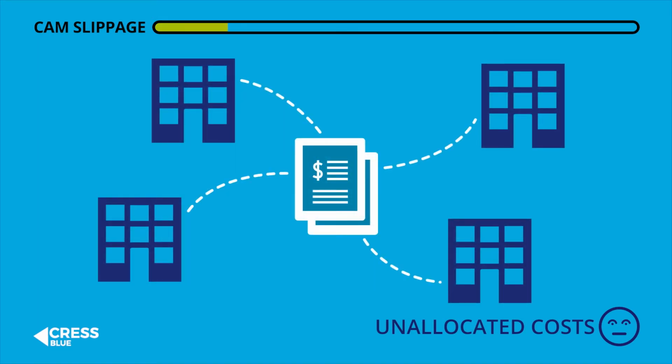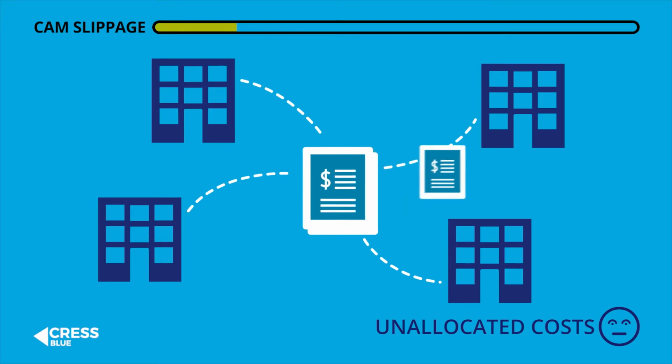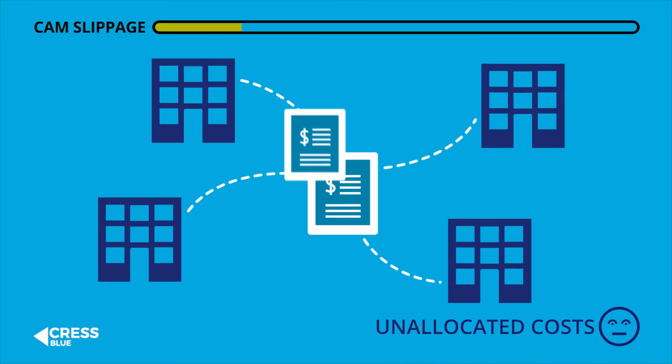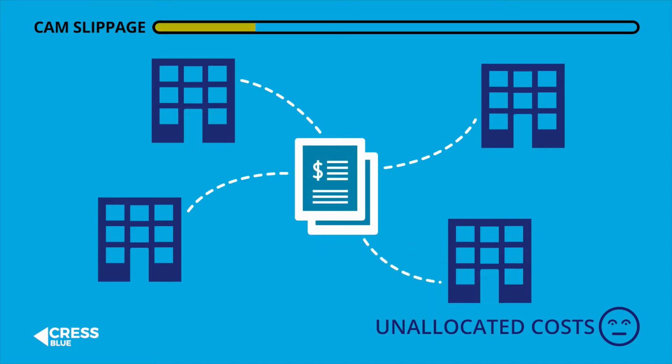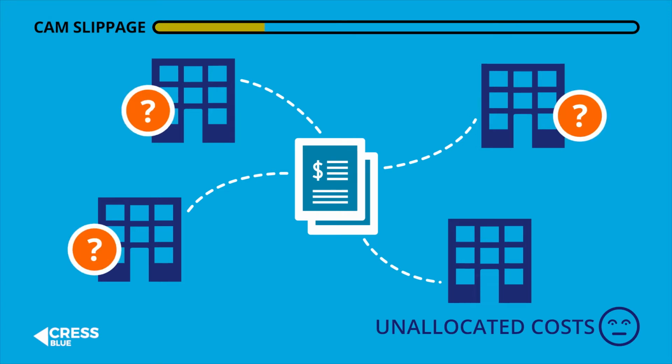Unallocated costs. As we know, annual reconciliations of additional rent can help catch unrecovered expenses. But this assumes that all expense allocations are already entered and allocated to each site. If they are only looked at annually, it can be difficult to figure out what the invoices are for and who should be paying for the expense.